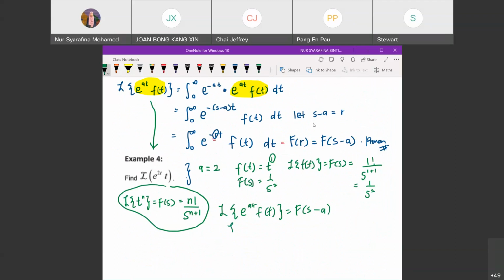And now we have exponent 2t times with t, you will have F(s minus a) as 1 over (s minus 2) squared. Is that clear? Because this is your F(s), this is your a. So F(s minus a) should be 1 over (s minus 2) squared. Okay, clear now? This is the first shifting property.